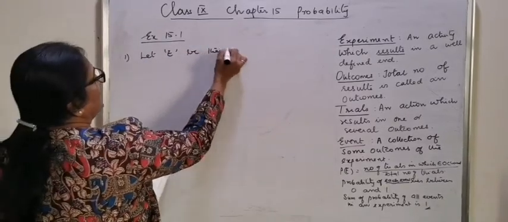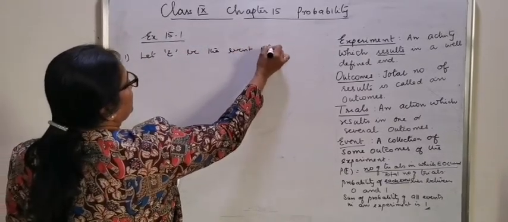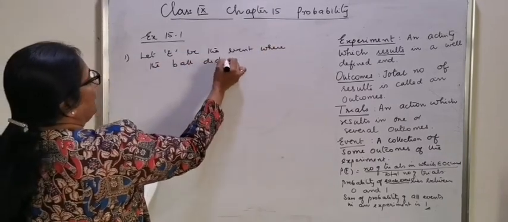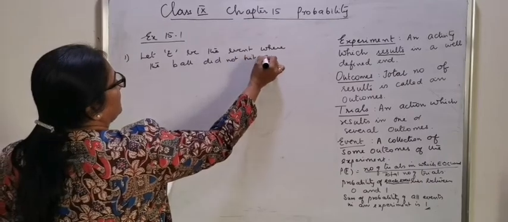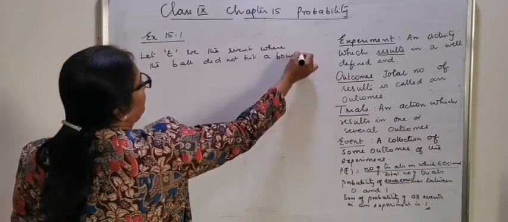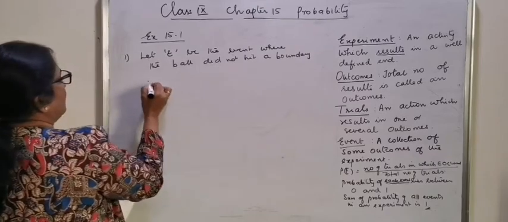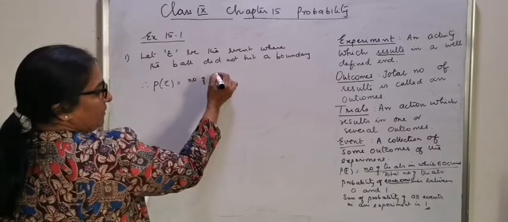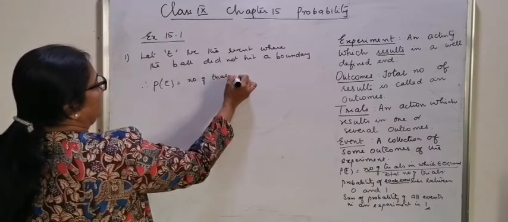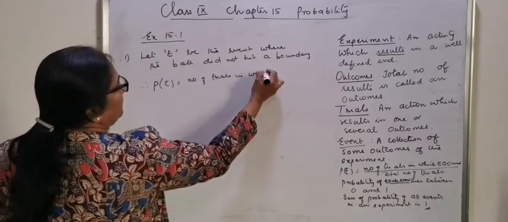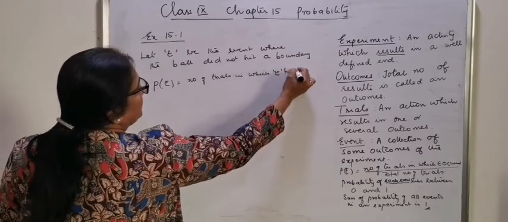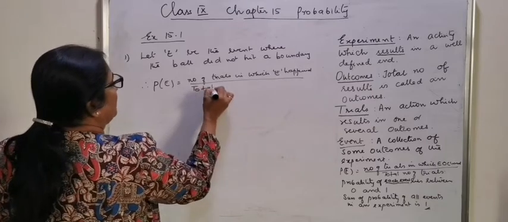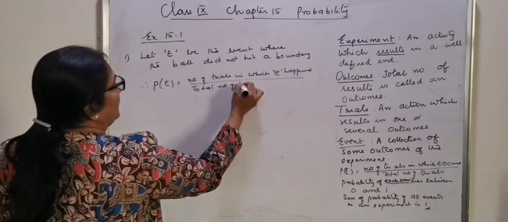Let E be the event where the ball did not hit a boundary. Therefore, probability of E is equal to the number of trials in which E happened, divided by the total number of trials.